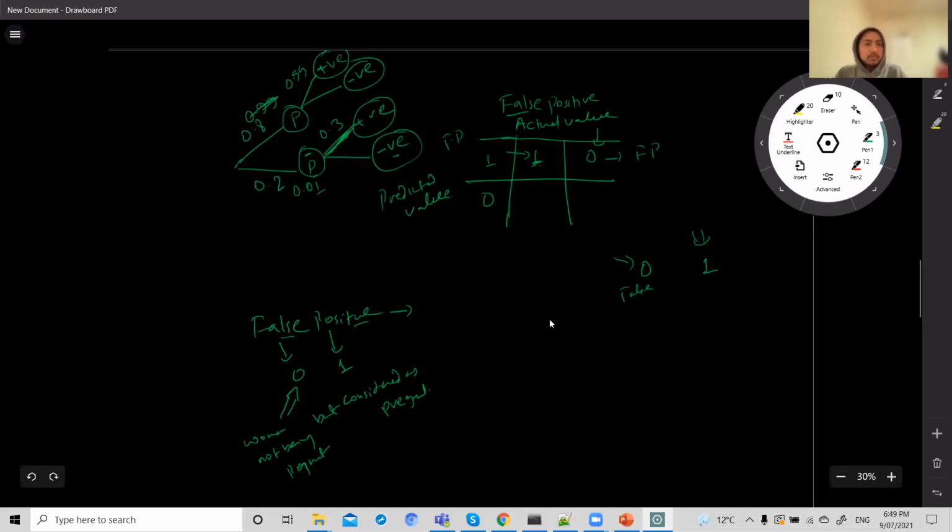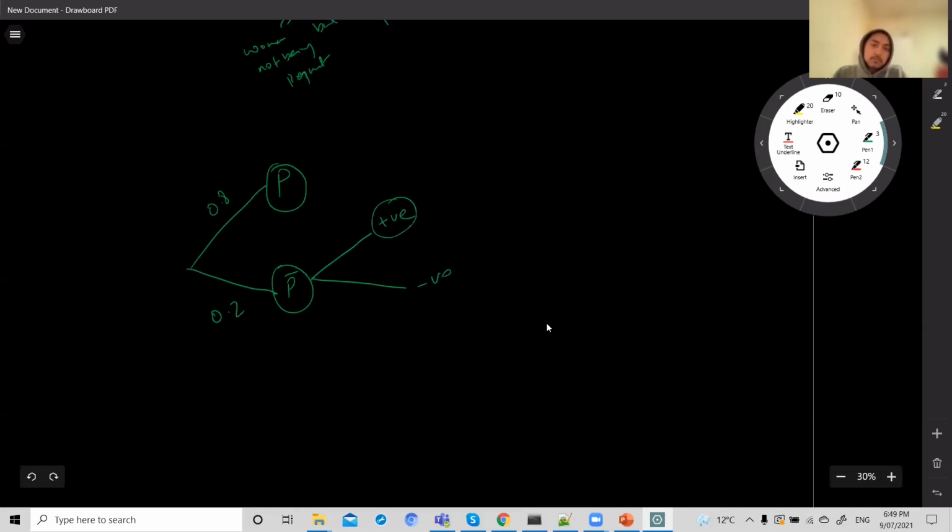Okay, so let me draw a fresh diagram for you. Pregnant or not pregnant, this is 0.8, this is 0.2. Here positive, negative, 0.3, 0.7, positive, negative, 0.99, 0.01.